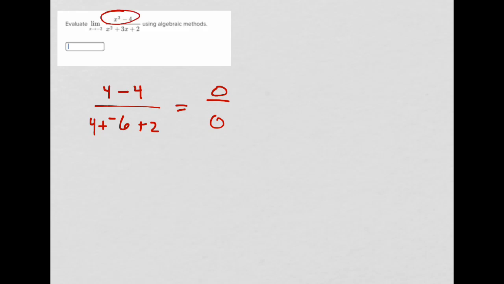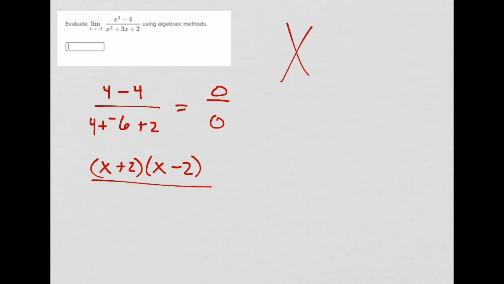I can factor the top. It's a difference of squares. That's x plus 2 times x minus 2. And in the bottom, I'm factoring this trinomial. That would be, what, 2 times 1? Divided by x. Okay, so that'd be x plus 2 and x plus 1.